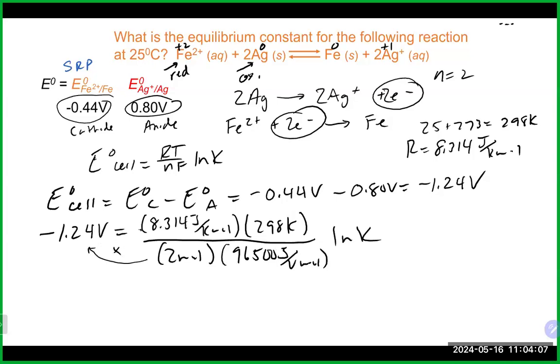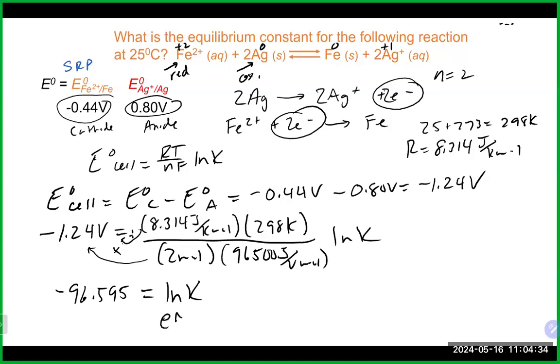And then when I'm done with that, I'm going to divide what's on top to the other side. So I'm going to take negative 1.24, times it by 2, times it by 96,500, hit equals. I'm then going to come back and divide by 8.314 and divide by 298. That's going to get me a minus 96.595 equals the natural log of K.